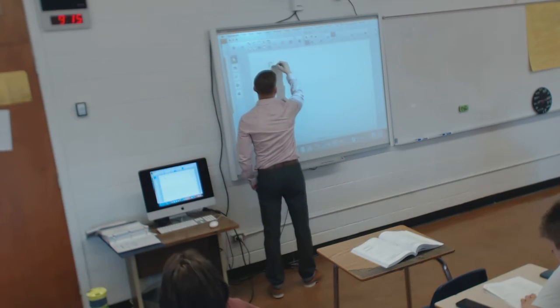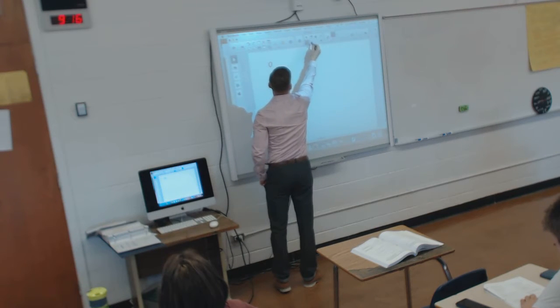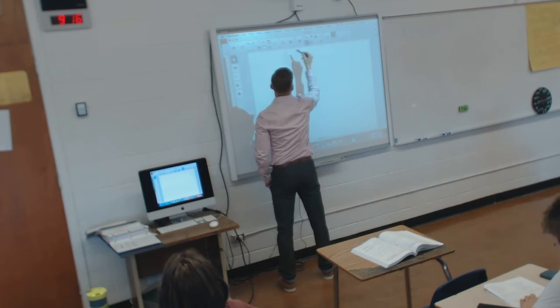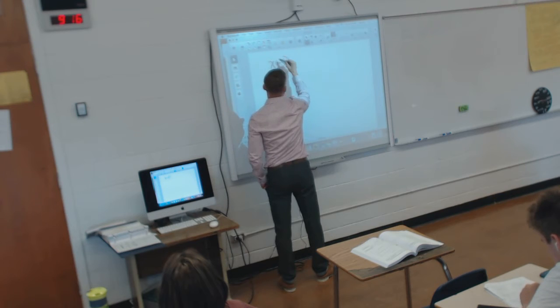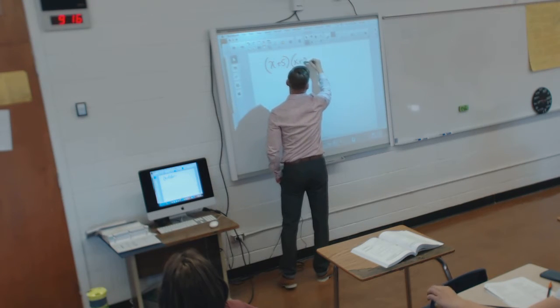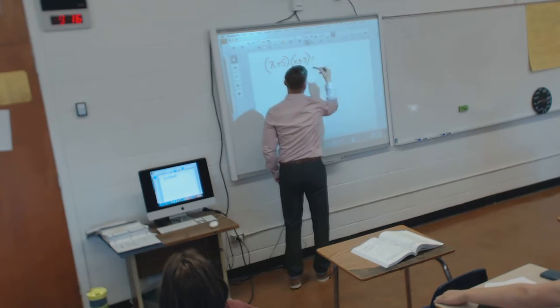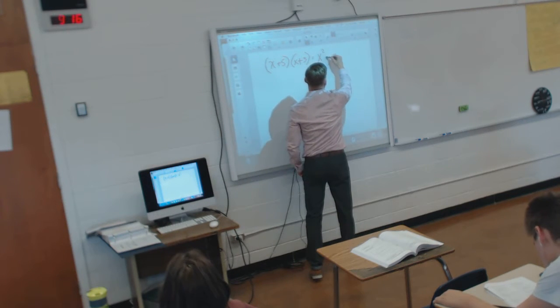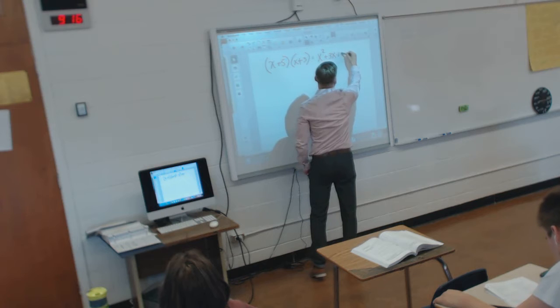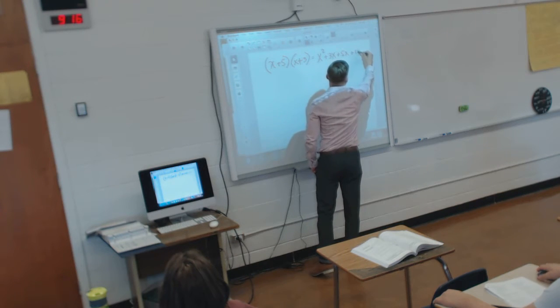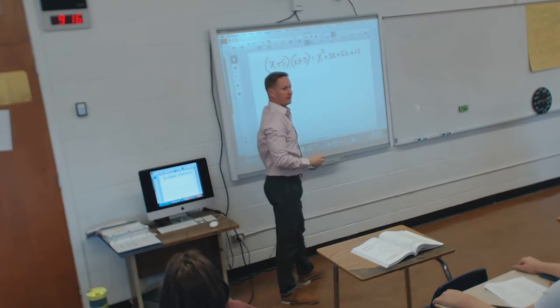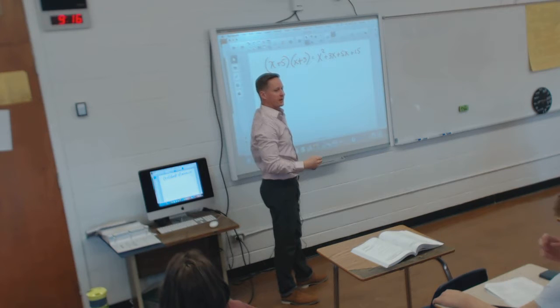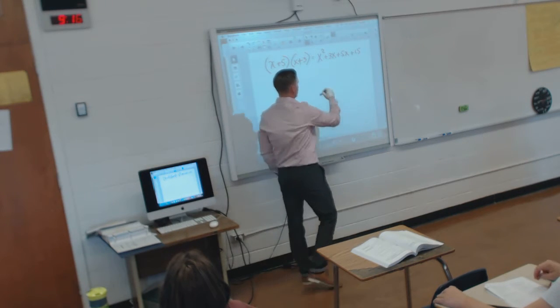So if I have this, just for example, I have x squared plus 3x plus 5x plus 15. But I have two like terms there, so I have to collect them.